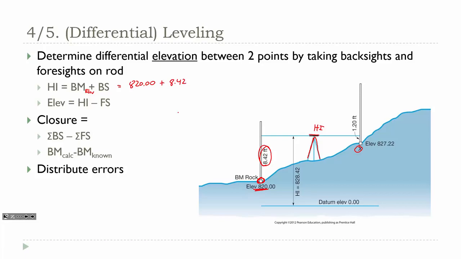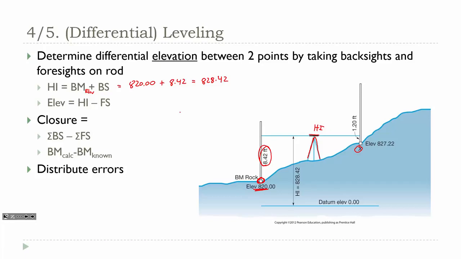So backsites are always added. Backsites are also called plus sites. So this will give you an instrument height of 828.42. That's really an arbitrary distance.